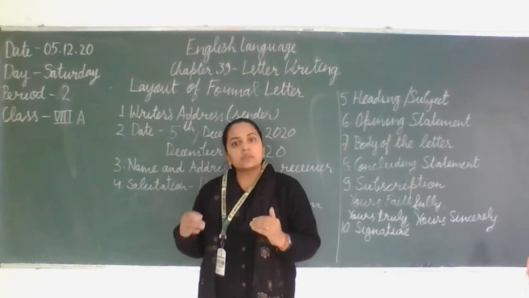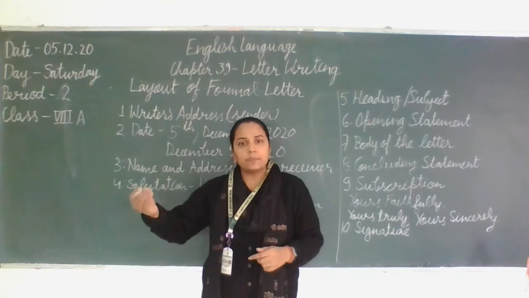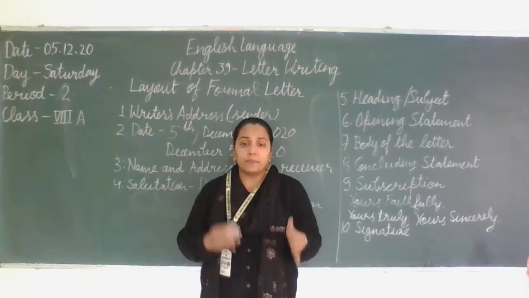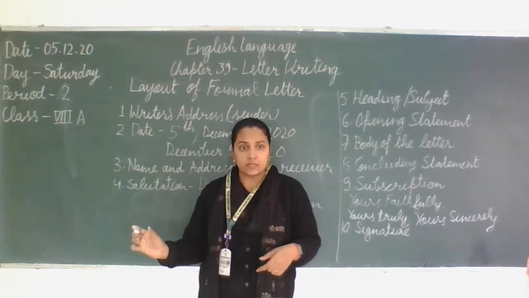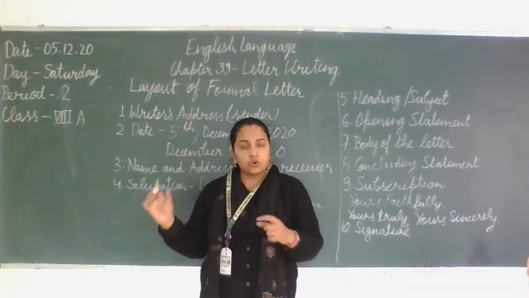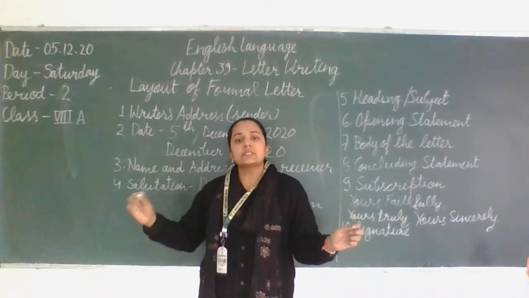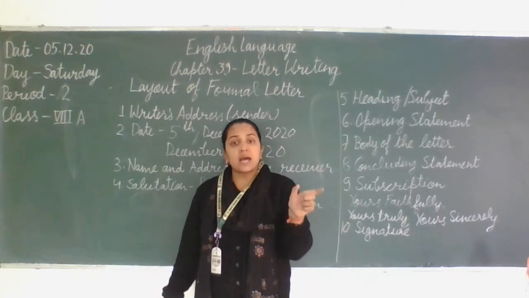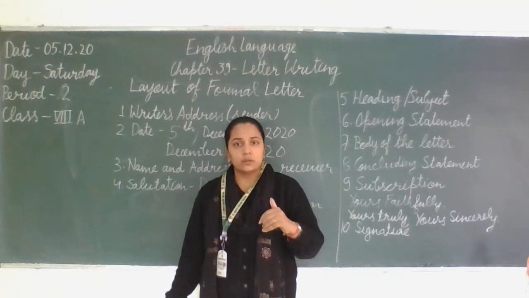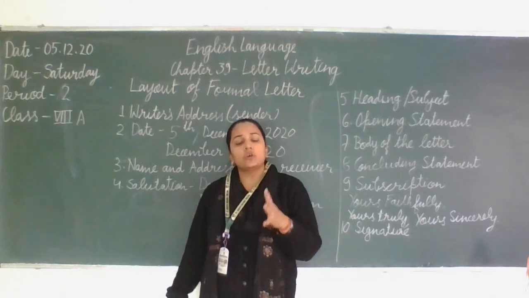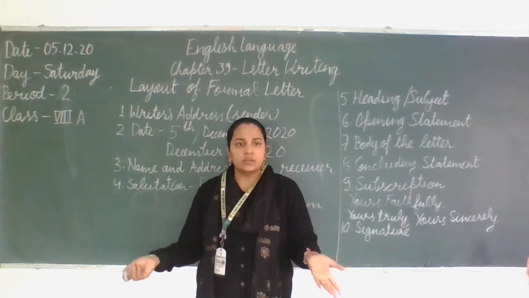But if you are a student in this school and you are writing an application, you will write your name with your class and section, because your class and section tells that you are a student from this particular class or section. So there it works as your designation. However, a student who is outside the school, writing an application for taking admission, will not mention it, because he is not a student in this school.